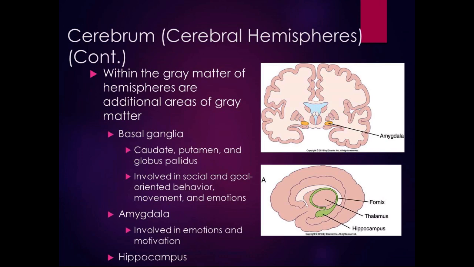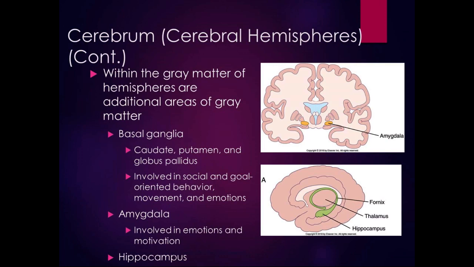Within the gray matter of the hemispheres, there are additional areas of gray matter. And we'll talk about these in their individual chapters as well. But the basal ganglia, there are different nuclei that make up the basal ganglia: the caudate, the putamen, the globus pallidus.